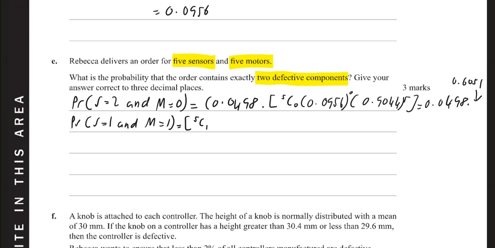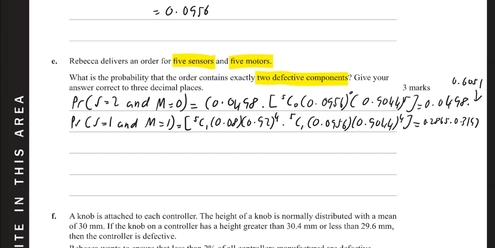Start off with the sensors. 5 choose 1 times 0.08, 0.92 to the power 4, multiplied by 5 choose 1, 0.0956 times 0.9044 to the power 4. That simplifies to 0.2865 times 0.3197.